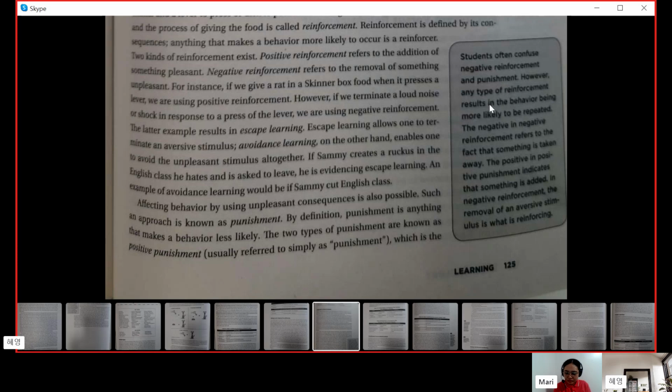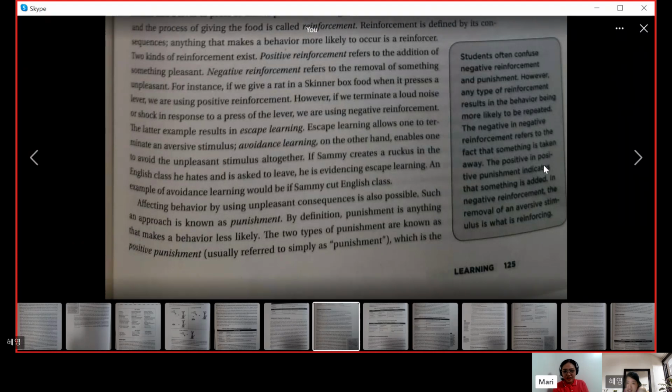The positive in positive punishment indicates that something is added. In negative reinforcement, the removal of an aversive stimulus is what is reinforcing. So you may understand what I'm saying, right?